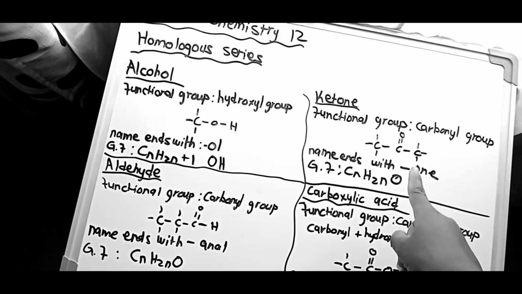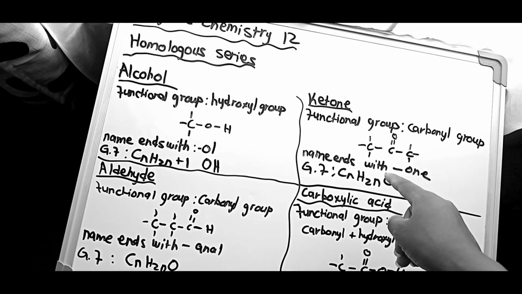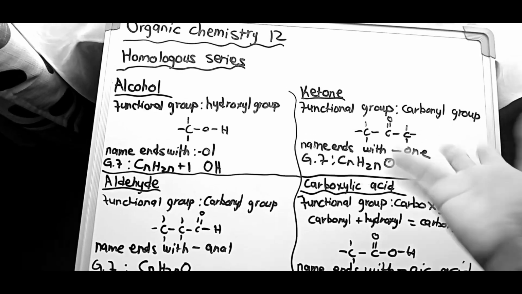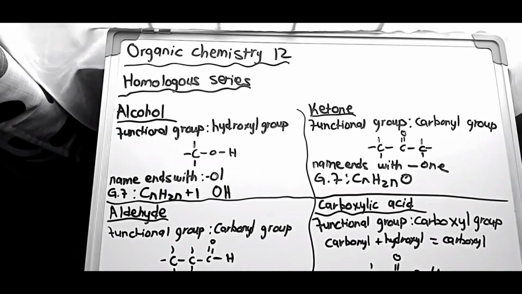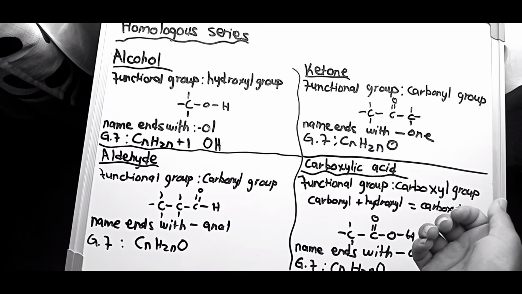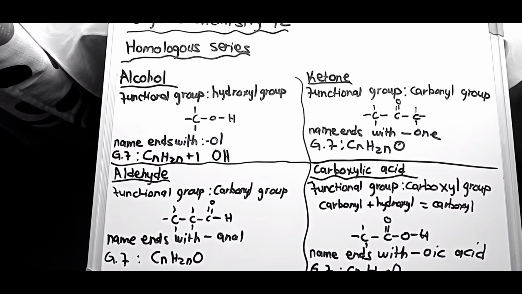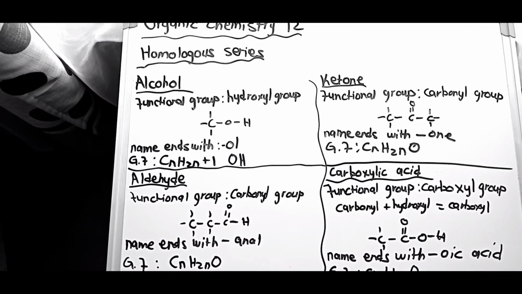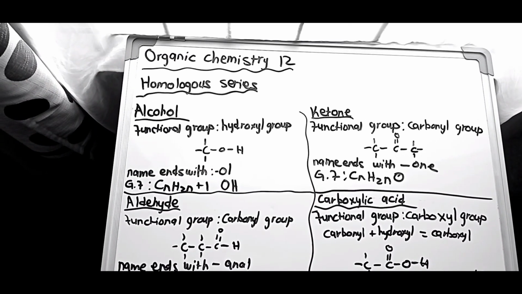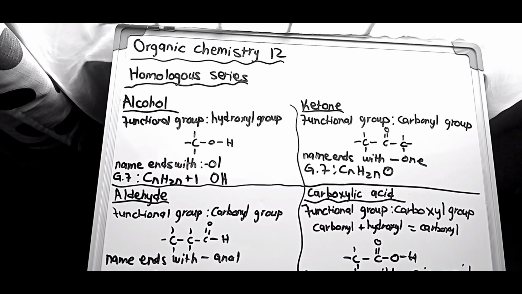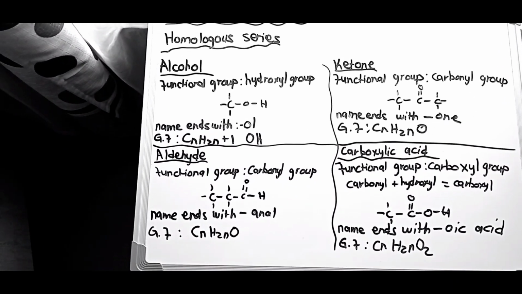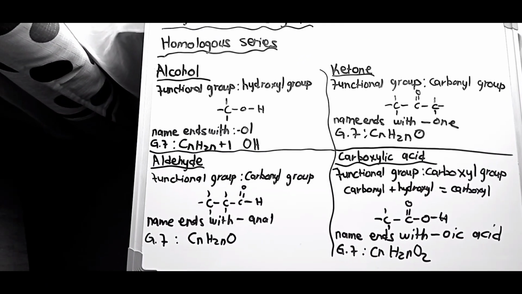The double bond of oxygen with the carbon in the middle is always bonded with other two carbons or three or more, but it's always in the middle of two other carbons on the other side. So please note that and do not forget about it. And the name ends with "-one", pentone, methone, and so forth. The general formula is CnH2nO, right?